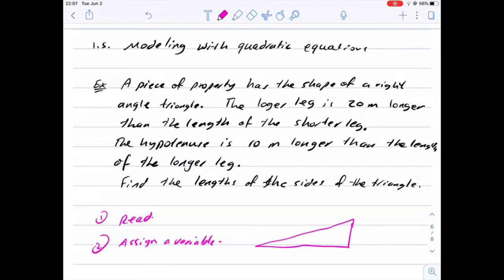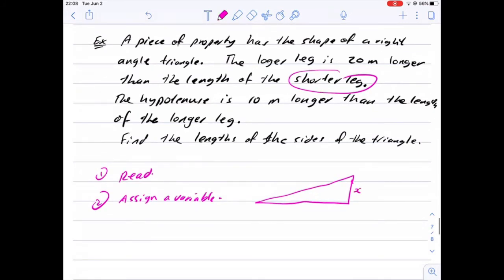The smallest quantity is the shortest leg. So we can consider this as x. This is a leg, and this is another leg. And this is the hypotenuse. The hypotenuse is the opposite side, the side that corresponds to the right angle of the triangle.